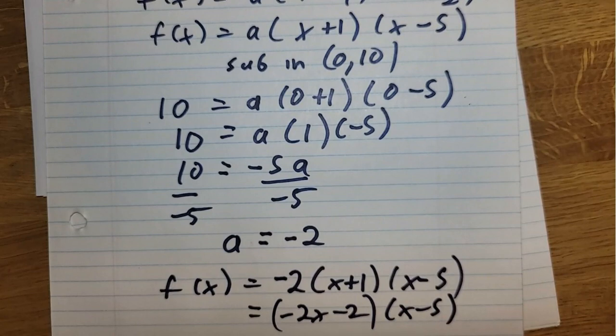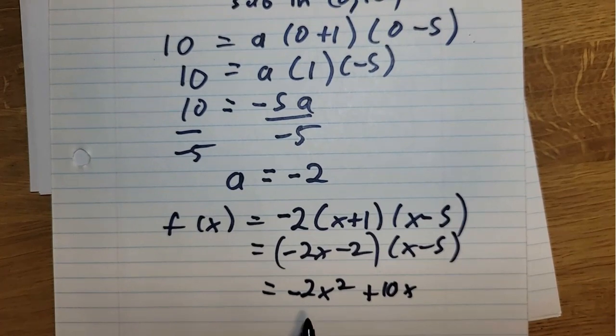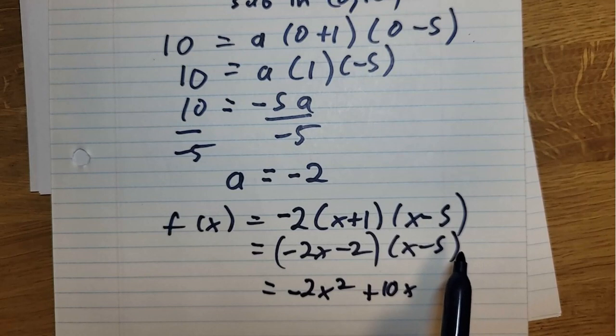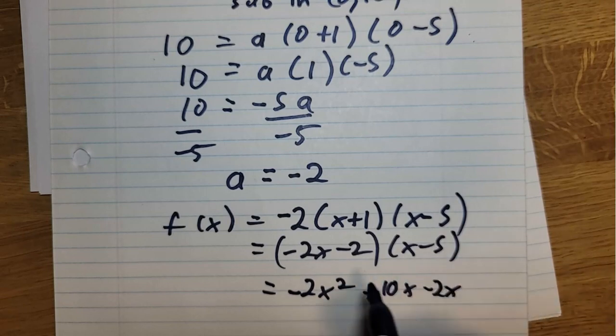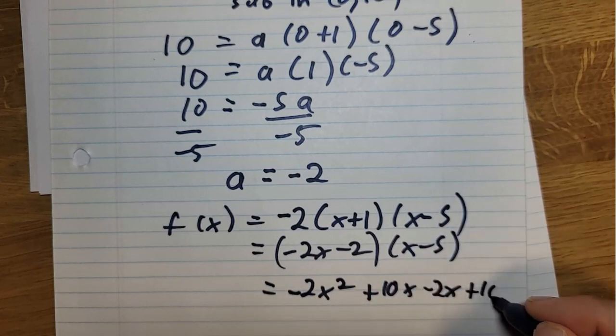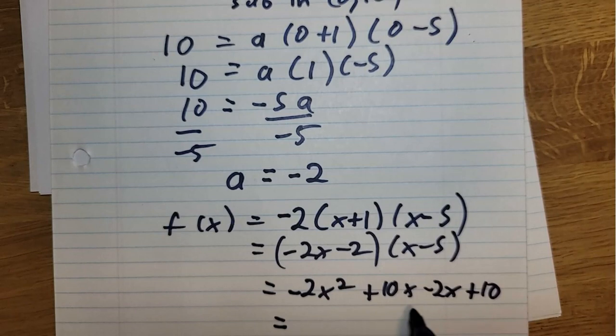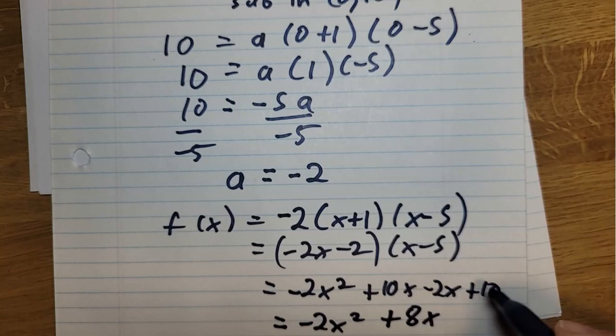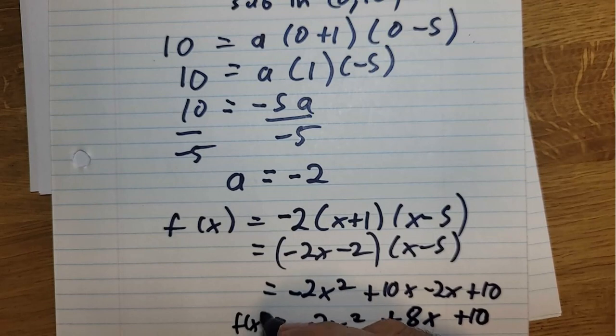Multiplying that, -2 times x is -2x squared. -2 times -5 is +10x. Now -2 times x is -2x, and -2 times -5 is plus 10. Then we collect the two middle terms: -2x squared plus 8x plus 10. And we got the exact same equation as before.